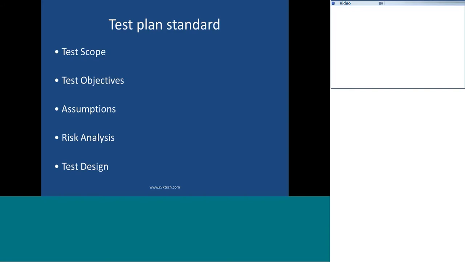So we were talking about the assumptions. The major assumption that we have is the development delivery of the coded product in time for the testing team. If it is not met, it will be a risk. As part of risk analysis, we talk about what if they are not delivering the product in time.